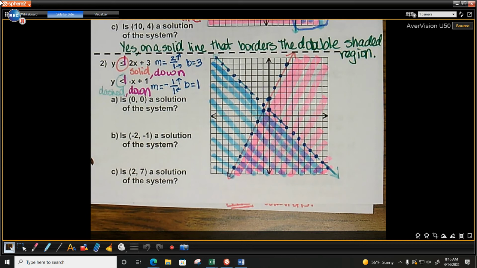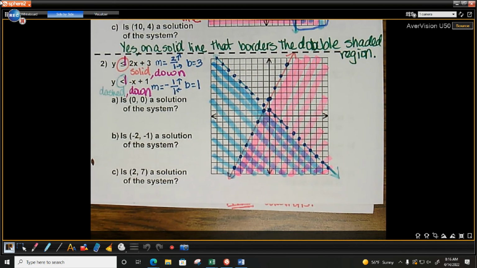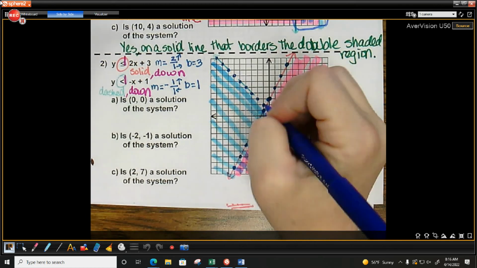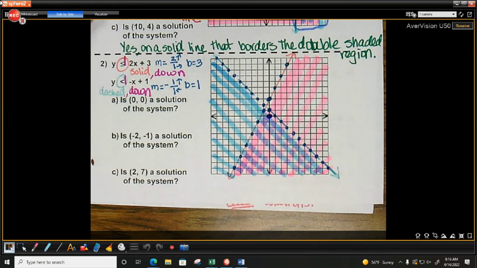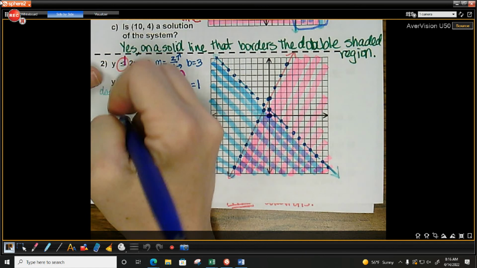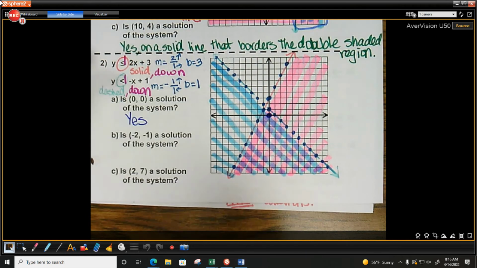Okay, so the point 0, 0. Heidi, is the origin a solution to the system? Yes, 0, 0 is right here. Is that point in the double shaded region? Yep. Okay, what about negative 2, negative 1? Monet, first of all, tell me how to plot it.